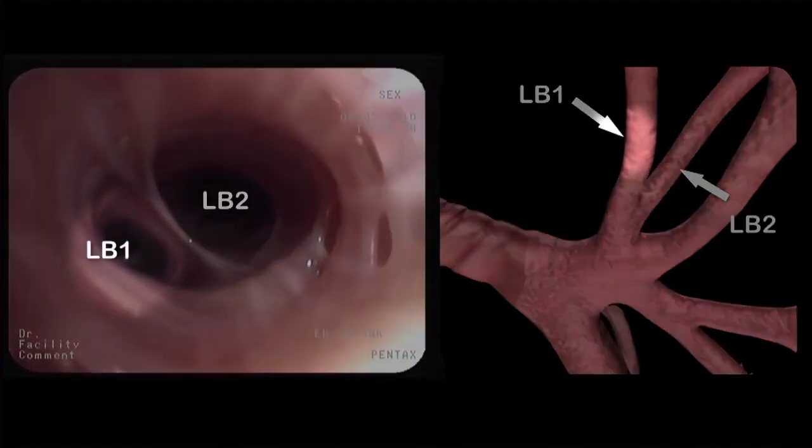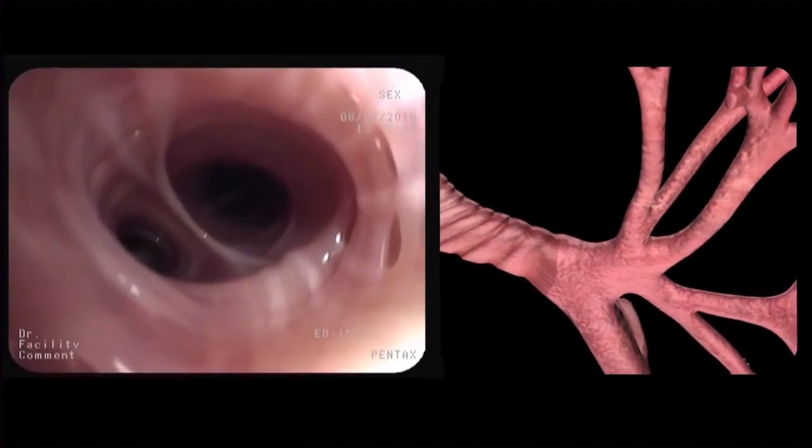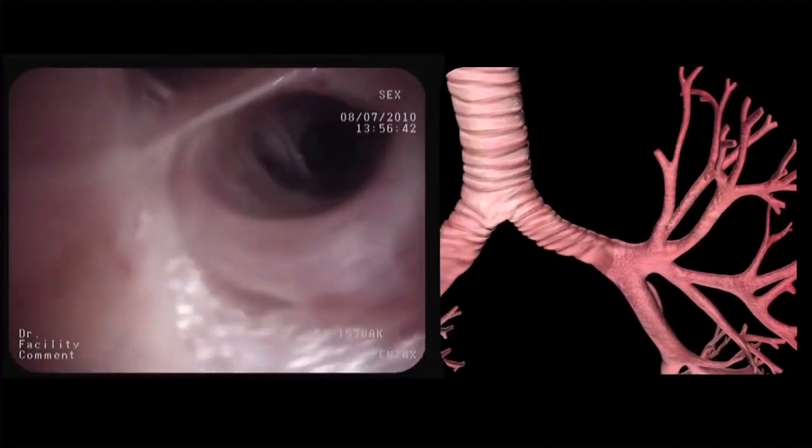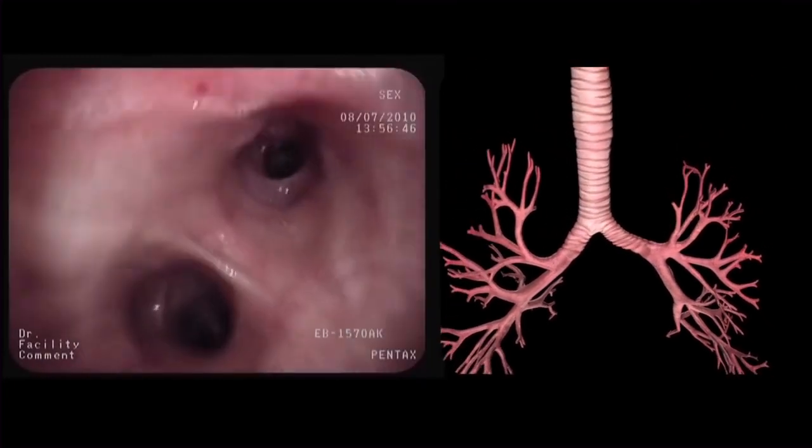Once the bronchoscope is positioned well, we can see the apical bronchus, or LB1, and the posterior bronchus, or LB2. Now, all segments have been inspected and the bronchoscope is slowly retracted.